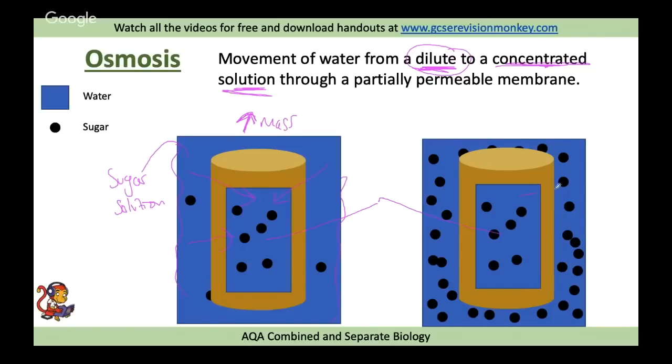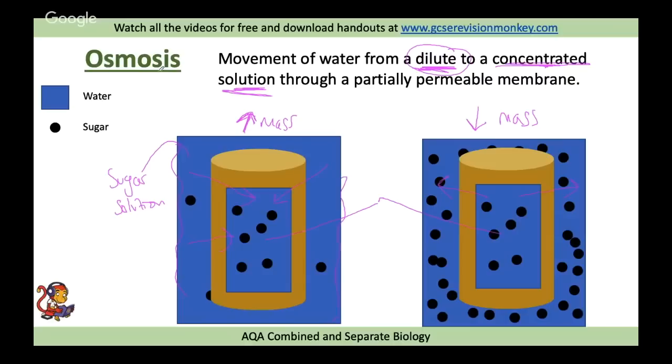So the water will move out of the vegetable into solution. And in this case, it will decrease in mass. Now, at some point, you're going to get a situation where there'll be no mass change when the solution inside has the same concentration as the solution outside. And we'll look at that in just a minute.